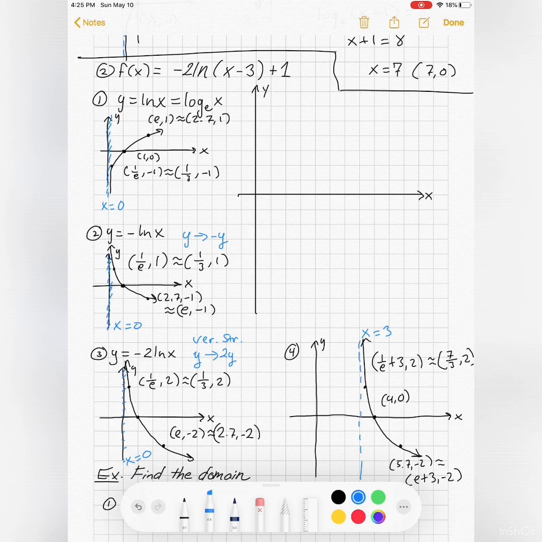All right, and then our very last step, shifting up 1. Okay, so I've got 7/3, 3.